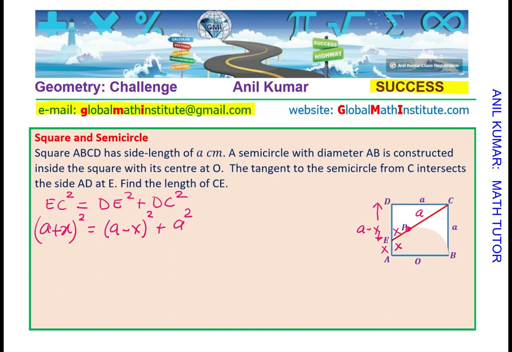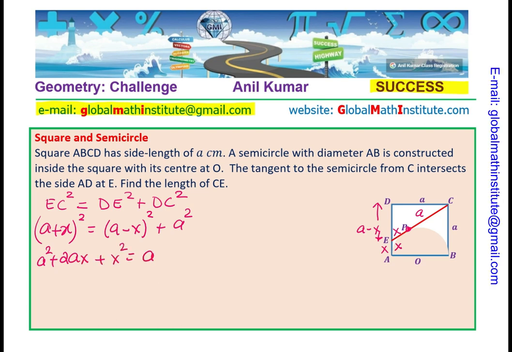So we actually have taken up a general question. Now sides of the squares could be 2, 4, 8, 10, 16, whatever. But when I take A, I'm providing you with a general solution which will fit in any situation. Makes sense, right? Now let's expand this, which is A square plus 2AX plus X square.